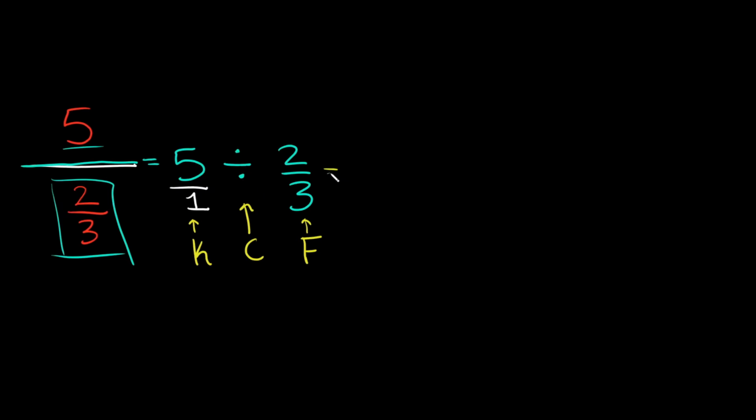So this is going to be equal to, remember, we're going to keep the first one, so 5/1 stays as 5/1. We're going to flip the second one, so 2/3 becomes 3/2. And then again, this division sign is going to turn into a multiplication sign. Okay, so now we have 5/1 times 3/2.